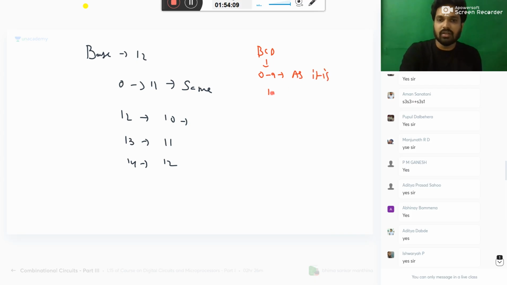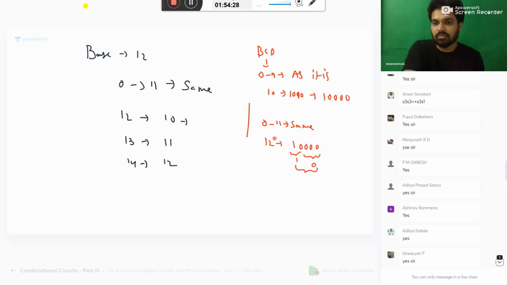When it is 10, that is 1, 0, 1, 0, you write it as 1 followed by all zeros. Similarly here, for 0 to 11 it is the same. When 12 comes, he writes 1 followed by all zeros, that is 1, 0. You know, 1, 0 represents the base of the number system. Up to 11 it is as it is; for 12, it is represented as 1, 0. Okay, fine. So let's move.